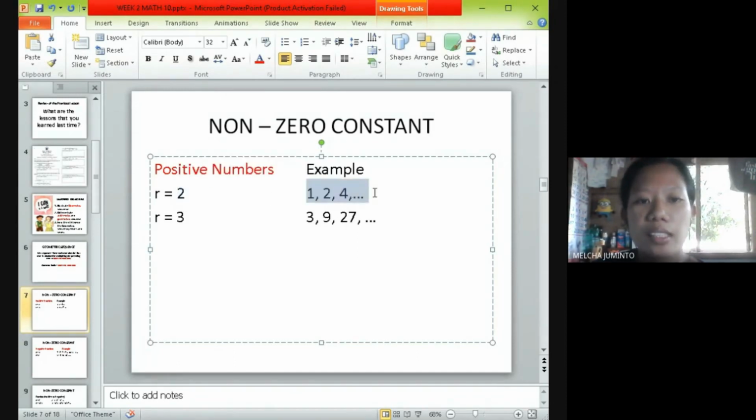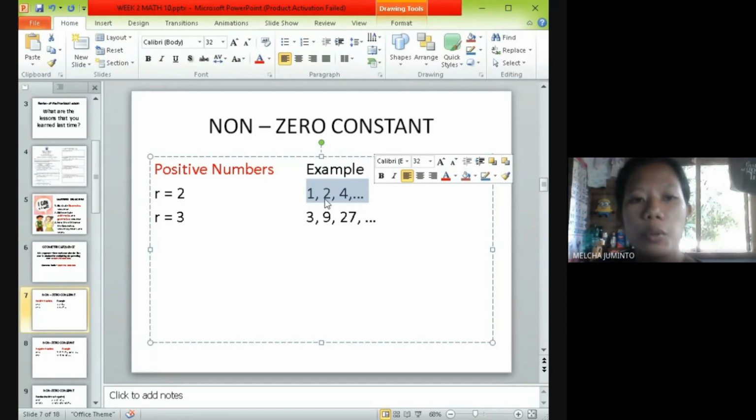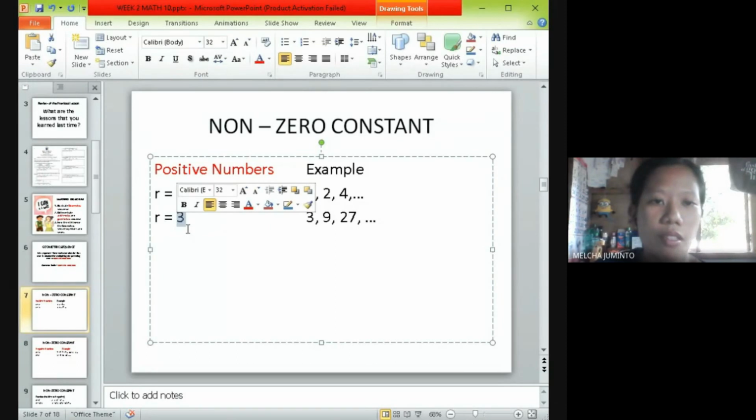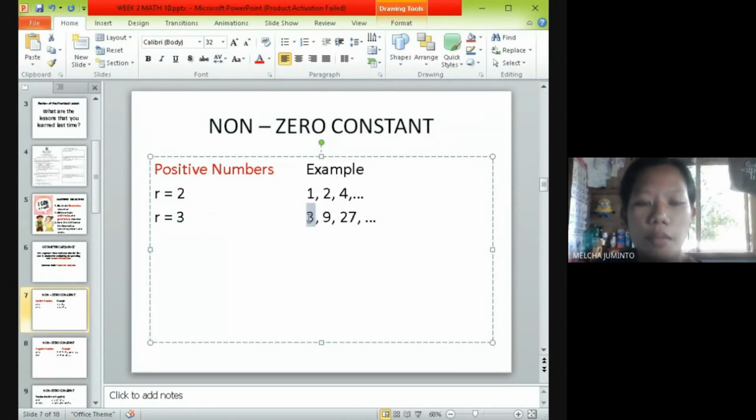Example, we have this sequence. The first term is 1, followed by 2, followed by 4. So here, the common ratio is 2 because 1 times 2 equals 2, 2 times 2 equals 4, and so on. Next, it can also be 3. 3 can be the positive non-zero constant. From the first term, 3, 3 times 3 is 9, 9 times 3 is 27, and so on.